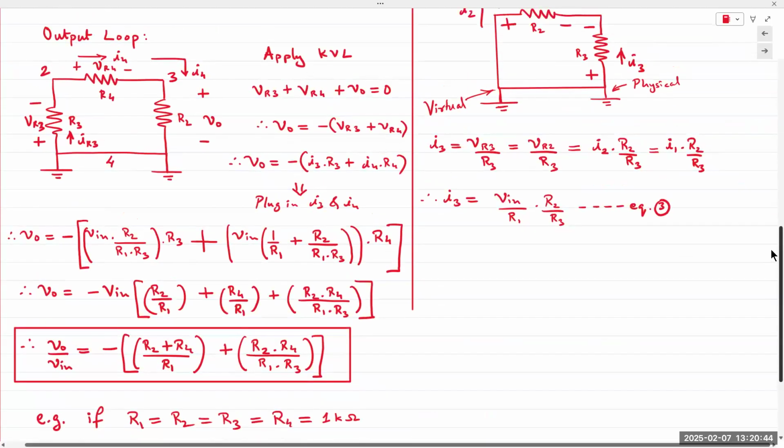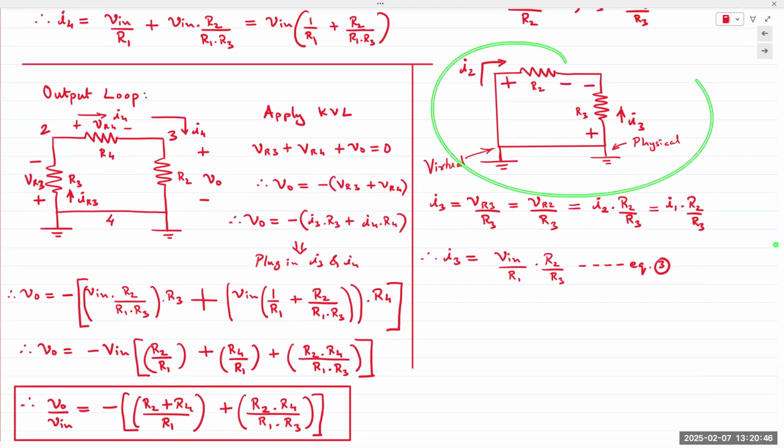And if that's the case, I can redraw it like this, where R3 is physically grounded and R2 is virtually grounded. And that creates a parallel connection. So R3 would be in parallel with R2 because they are connected here at this end at the top, and they're also connected at the bottom end.